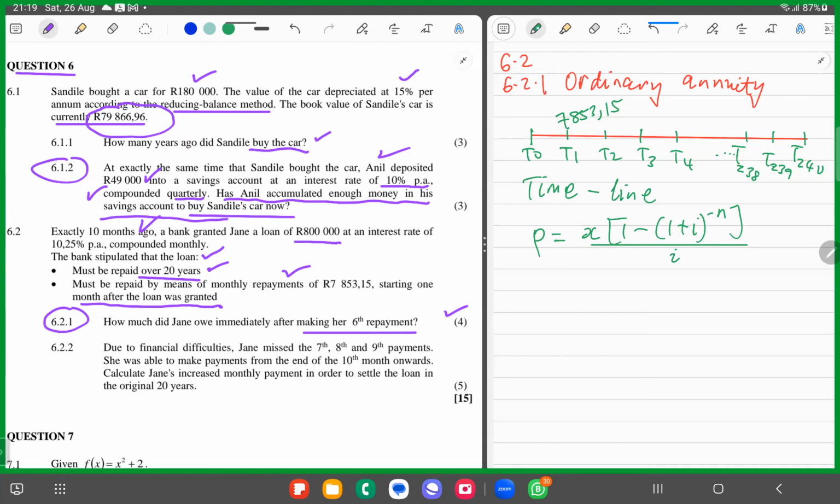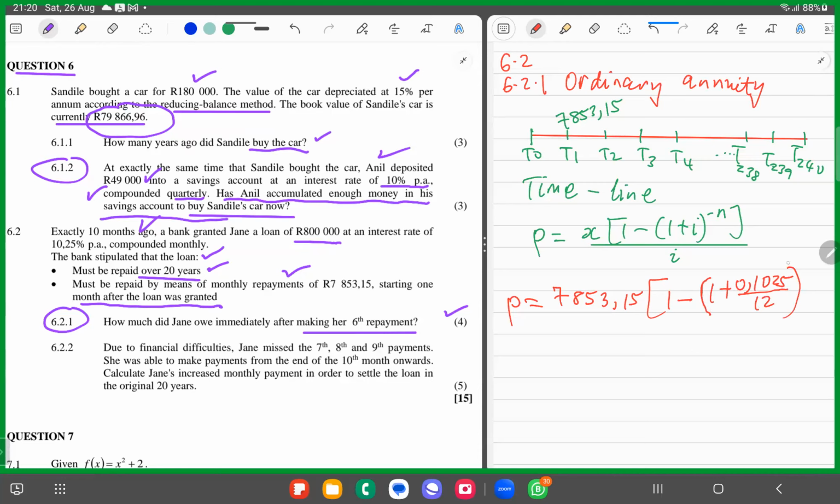So the present value is exactly 7,853.15 times 1 minus 1 plus the interest rate. It's 10.25, but you divide it by 100, so it's 0.1025, and monthly, divided by 12.